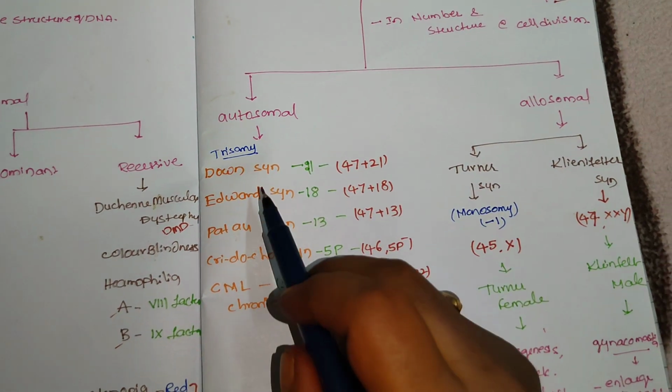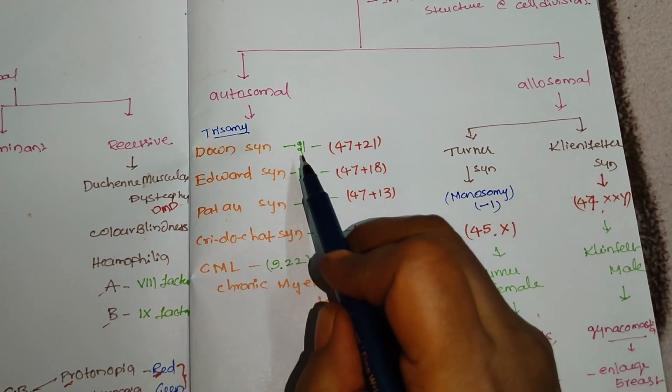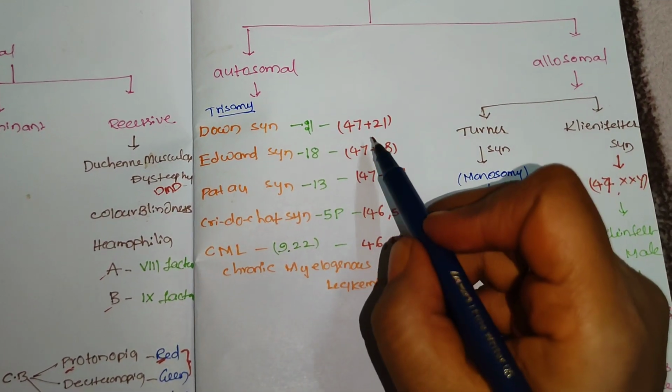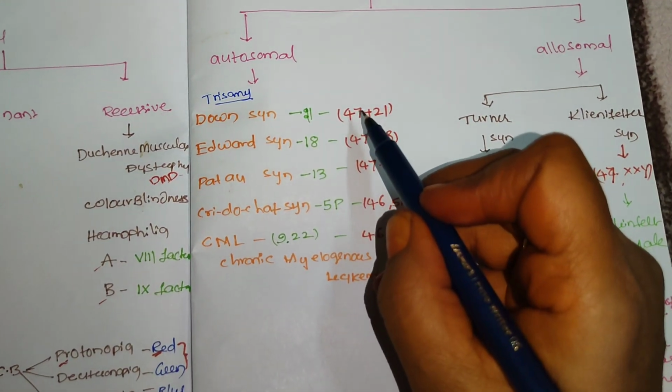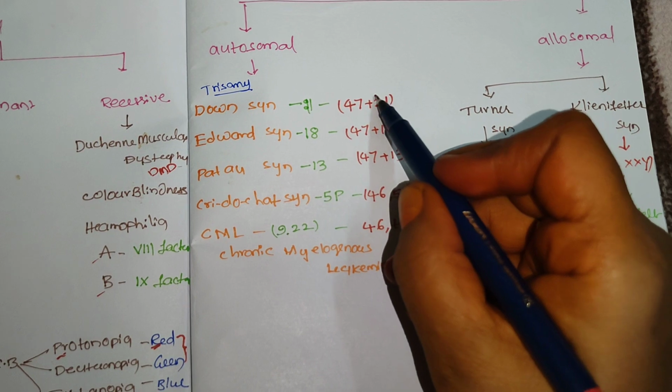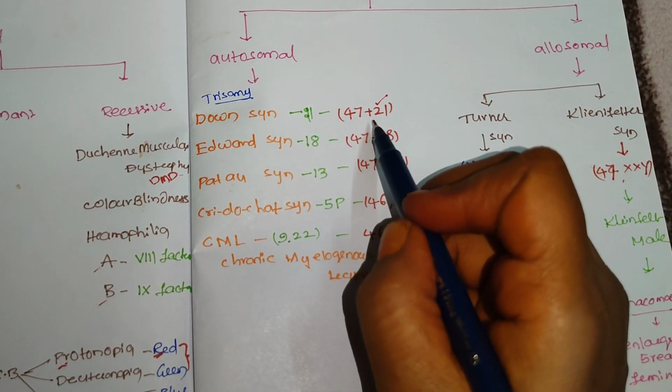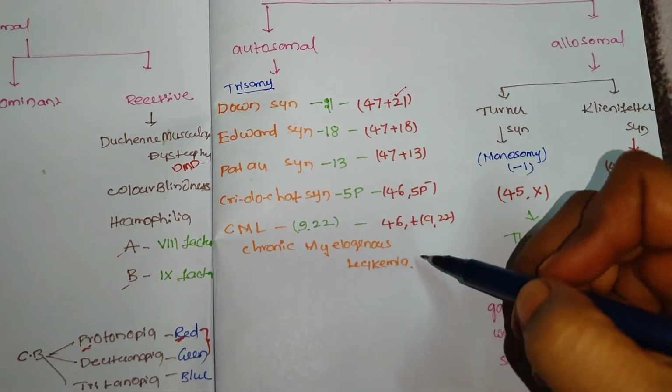In autosomal, Down syndrome involves chromosome 21. The ploidy is trisomy, meaning adding one: 46 plus 1, that is 21 chromosome addition. The karyotype is 47 plus 21. They may ask the karyotype also.